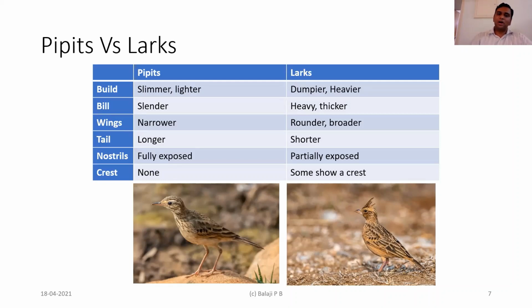Typically, of the 5 or 6 aspects that I mentioned here, a lark will clearly show at least 3 to 4. The bill will be heavier, thicker, the tail will be short, the nostrils will be partially exposed, the crest will be there. All this will help you distinguish a lark from a pipit.